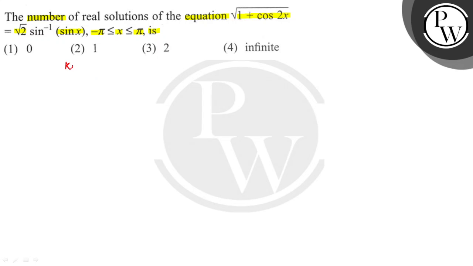You have to write down the key concept behind this. You have to know the formula of cos of 2x. So what is the formula of cos of 2x? It is 2 cos square x minus 1. Another thing, you have to know the curves of y equals cos x and y equals x, and y equals minus cos x and y equals x plus pi.